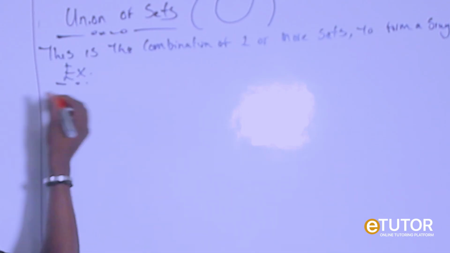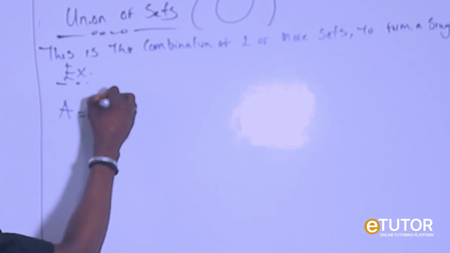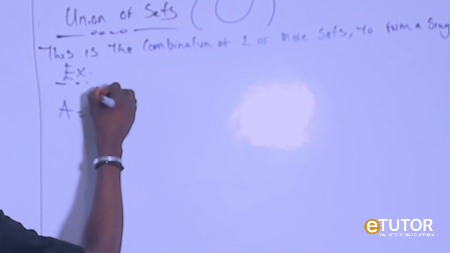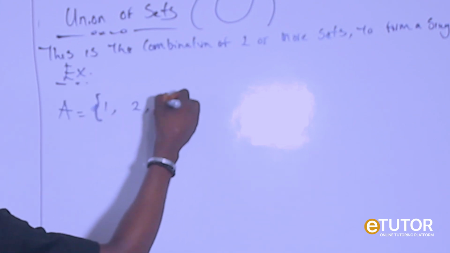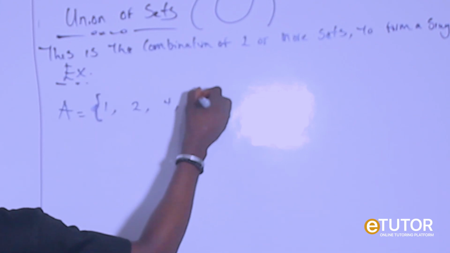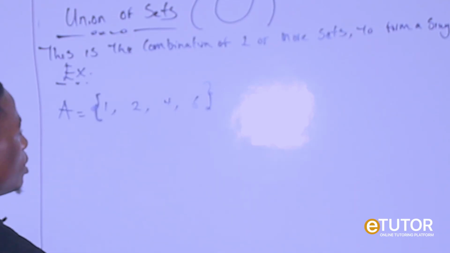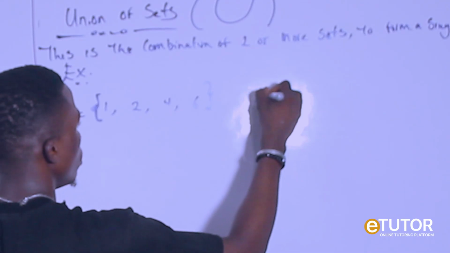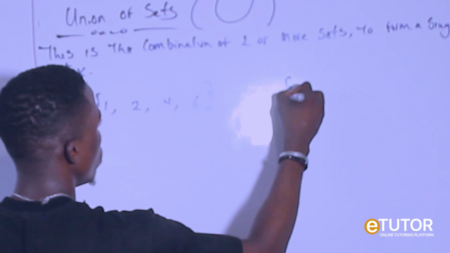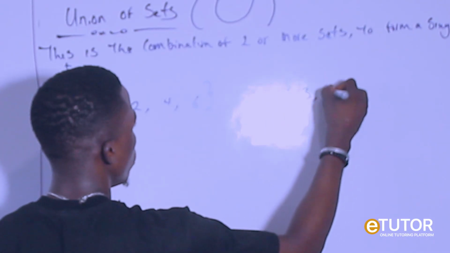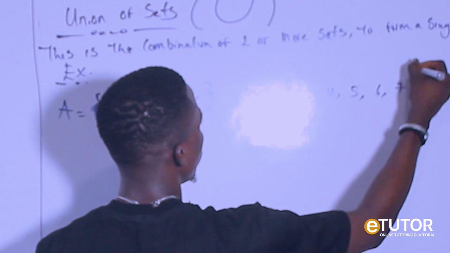We have a set A equal to {1, 2, 4, 6}, and we have a set B equal to {3, 4, 5, 6, 7}.